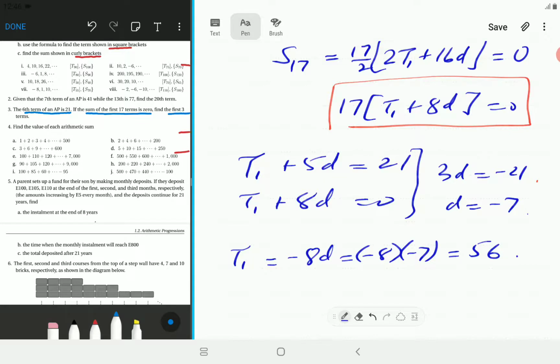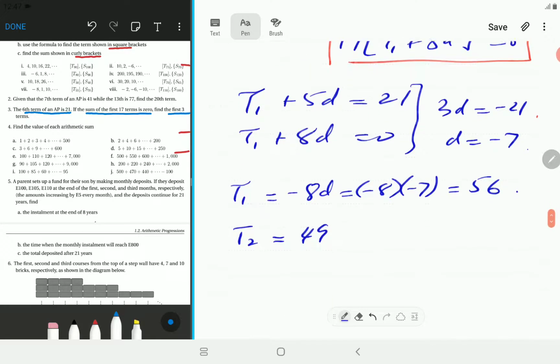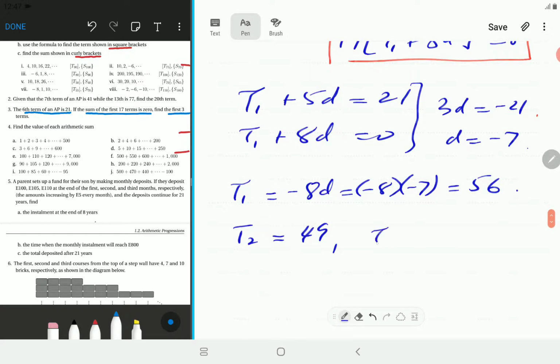So if you say 56 plus negative 7, that gives us T2 to be 49. 49 plus negative 7, that gives us T3 to be 42. So we can see that the terms of this progression are just multiples of 7.